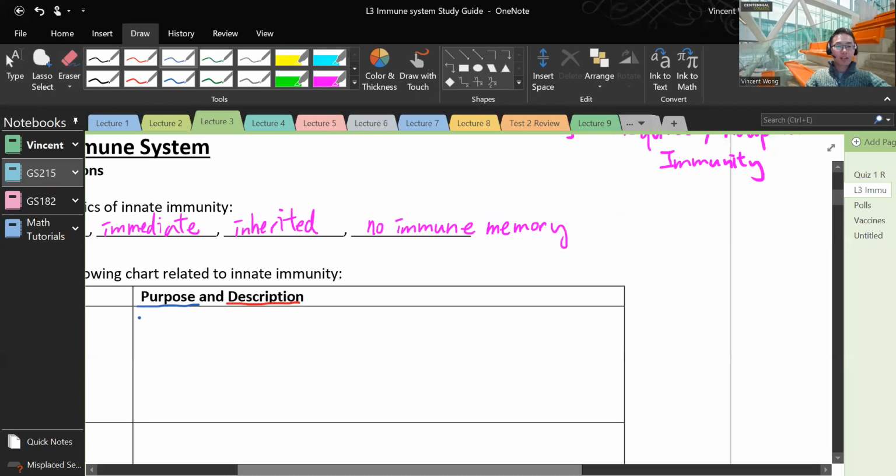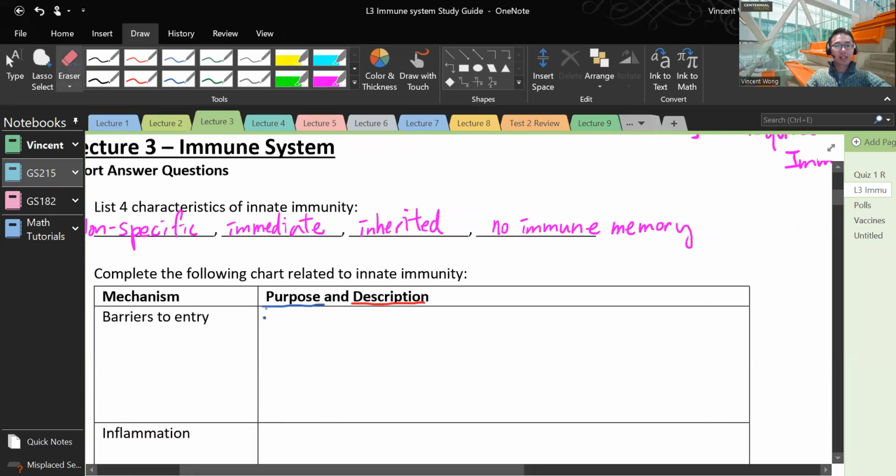The purpose of barriers to entry is exactly what it sounds like. Okay, prevents pathogens from entering the body.